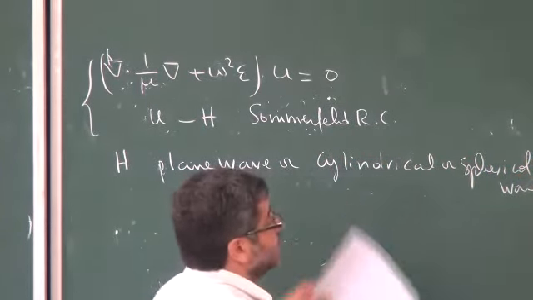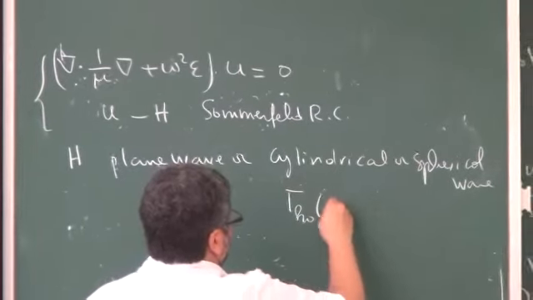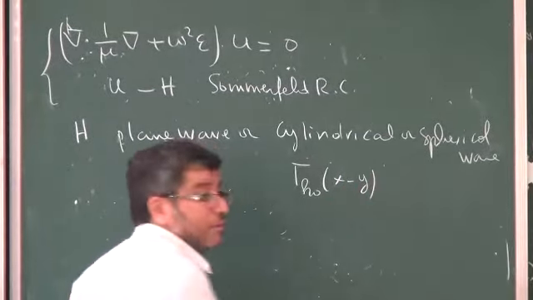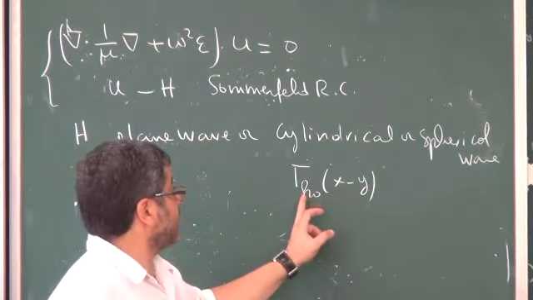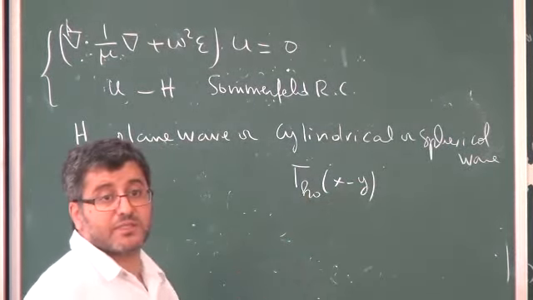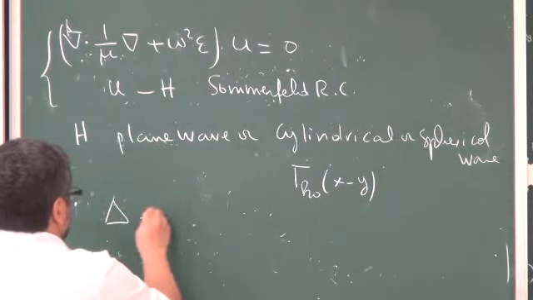The cylindrical wave is just gamma k0 of x minus y, where y is the source of the wave. The spherical wave is also gamma k0 of x minus y. Gamma is the fundamental solution, defined yesterday.